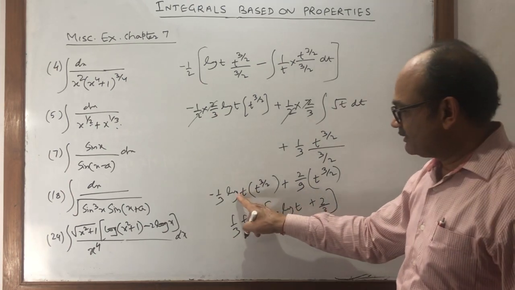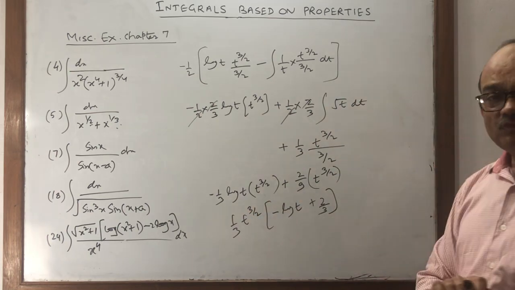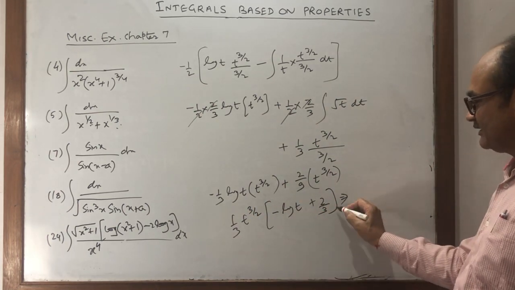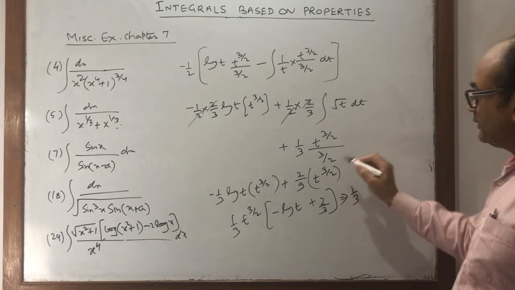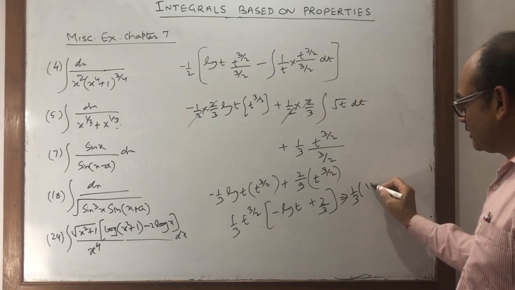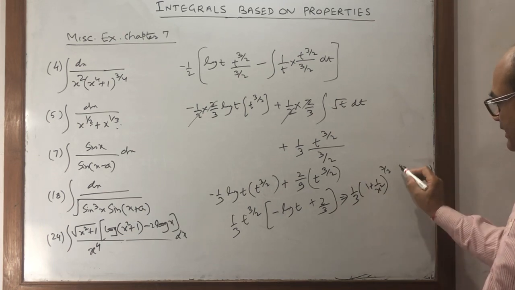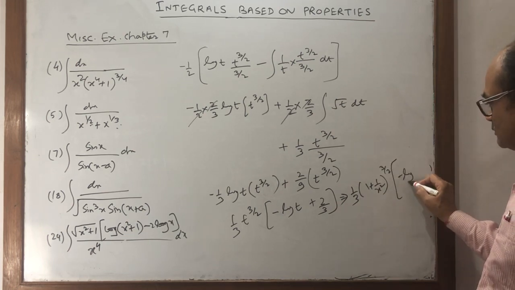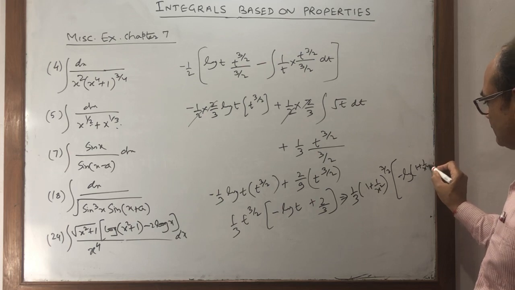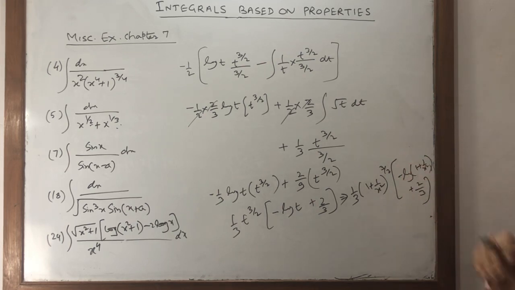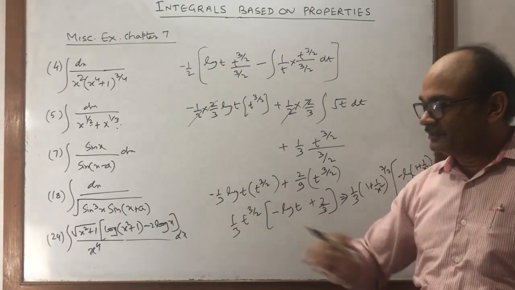Minus log t here and 1 by 3 log. What is t? Again we have to eliminate it. So substitute the value of t here in the last step: 1 by 3 times (1 plus 1 by x square) to power 3 by 2. Inside, minus log t again, and only 2 by 3. This will be the final answer for question number 24.